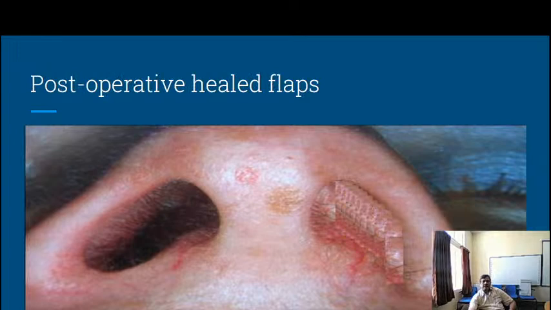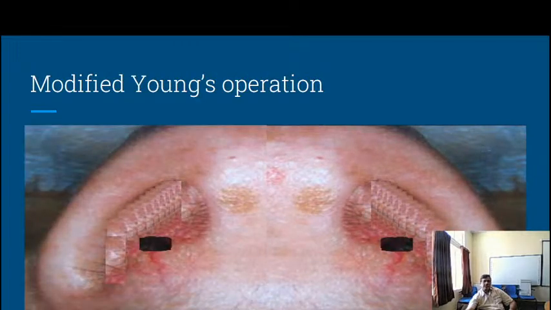Then, in Young's operation, when it was totally blocked, you can do it only on one side. You cannot close both nostrils at a time, so one after the other. Here, the same surgeon has modified it. They keep a small aperture in the closure, and so the air goes through this aperture into the nasal cavity.